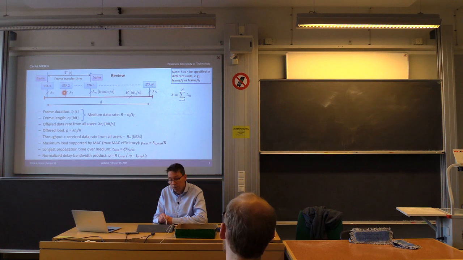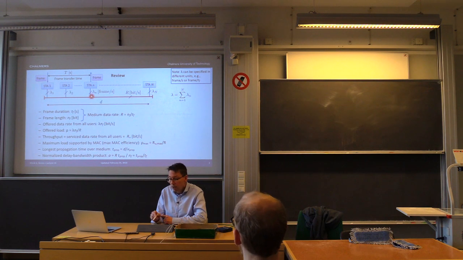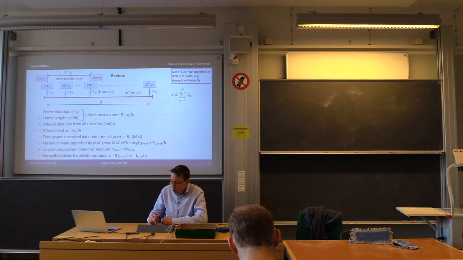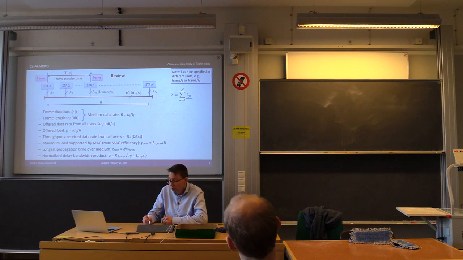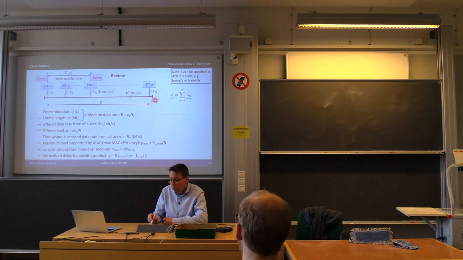At the same time, station 2 is generating lambda 2 and so forth. And these are the individual station rates, frames per second or frames per some other time unit, and then the total load, or total offered traffic, onto this shared medium is lambda.